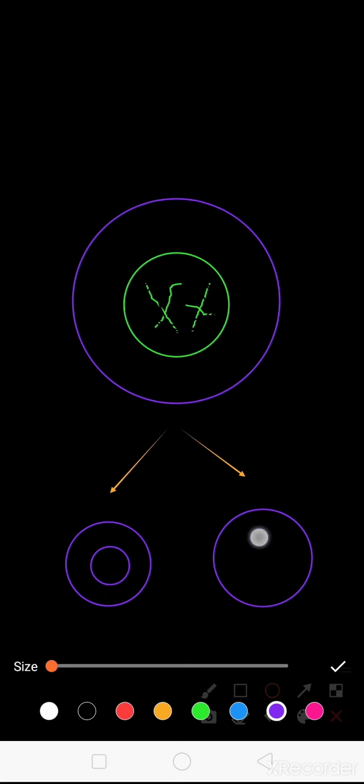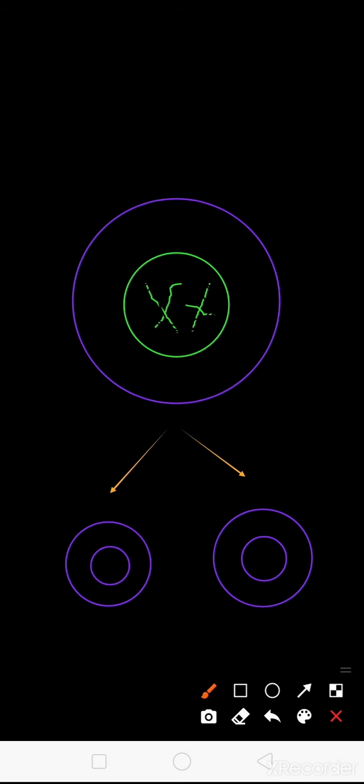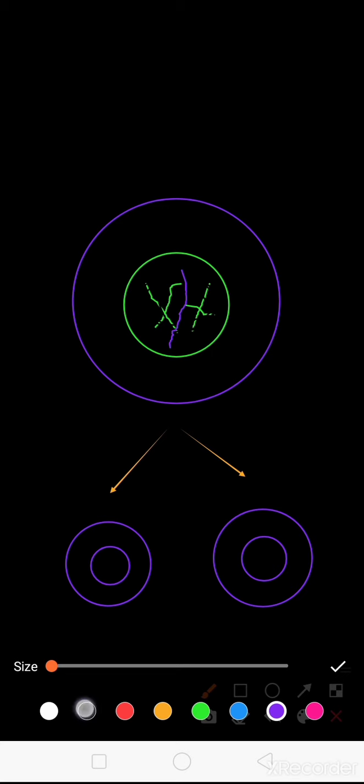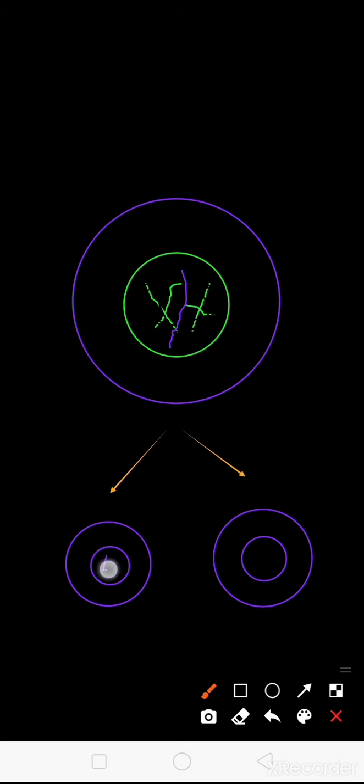In meiosis 1, the pair of chromosomes is going to divide like this, and because of that, in this cell there are only 23 chromosomes, not 23 pairs of chromosomes. There are only 23 chromosomes present in this secondary spermatocyte, and like it, there are also only 23 chromosomes having the two chromatids.